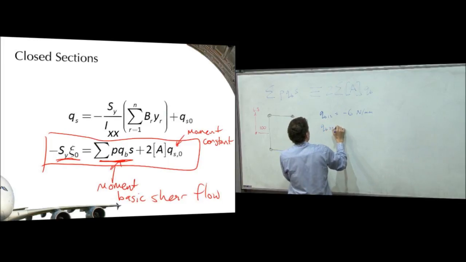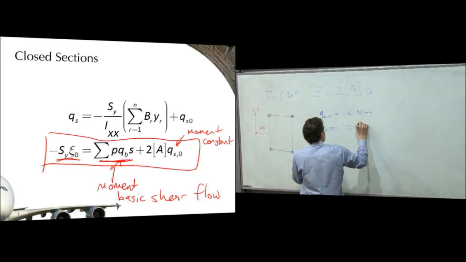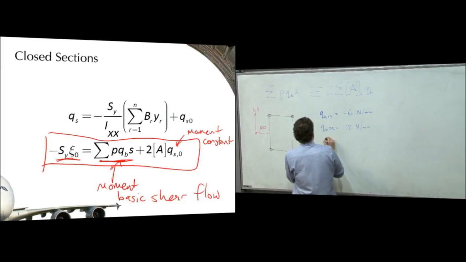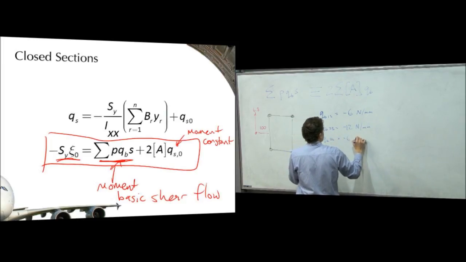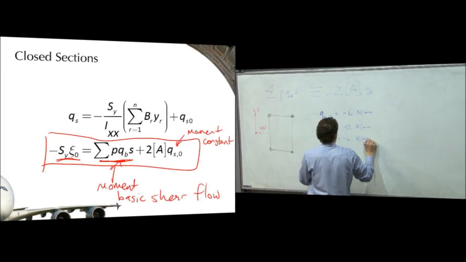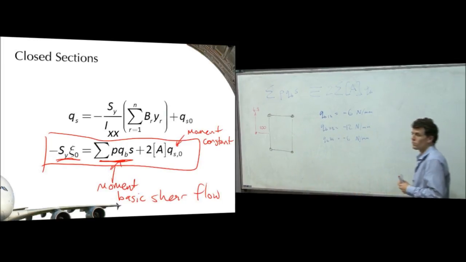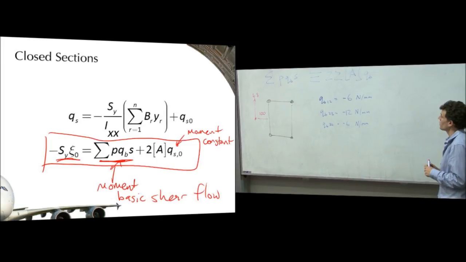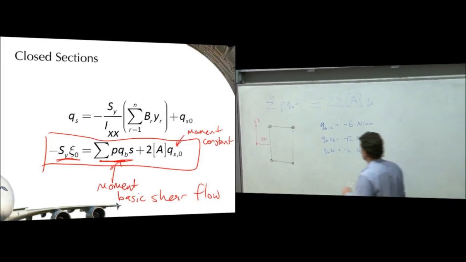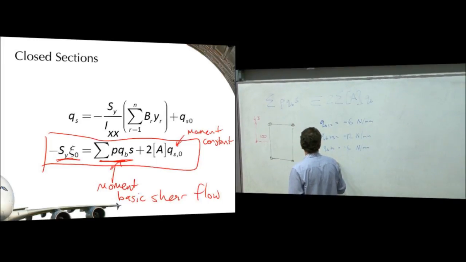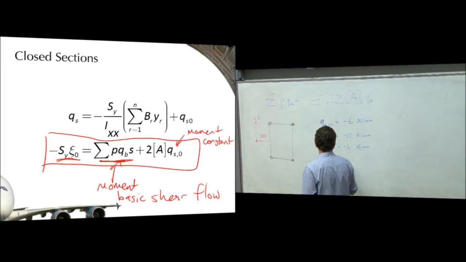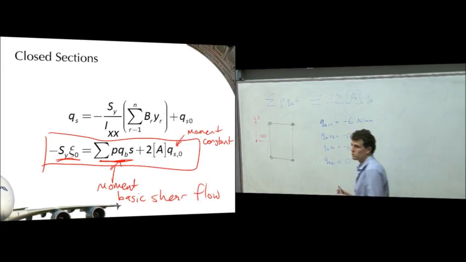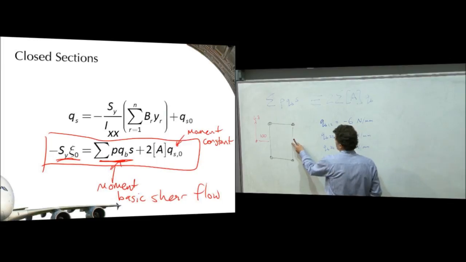QB 2,3 was equal to minus 12 newtons per millimetre. And QB 3,4 was equal to minus 6 newtons per millimetre. And if we want to be picky about it, QB 4,1 equals 0, because that's where we've made our cut.